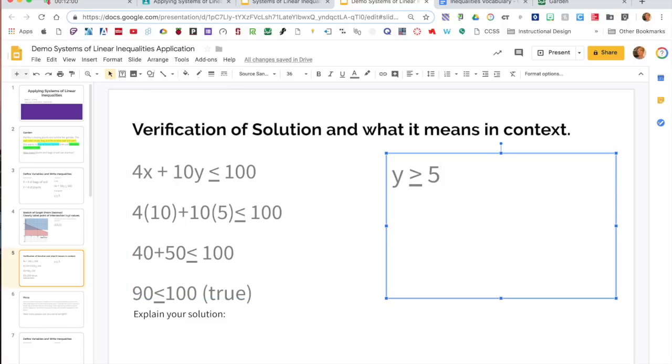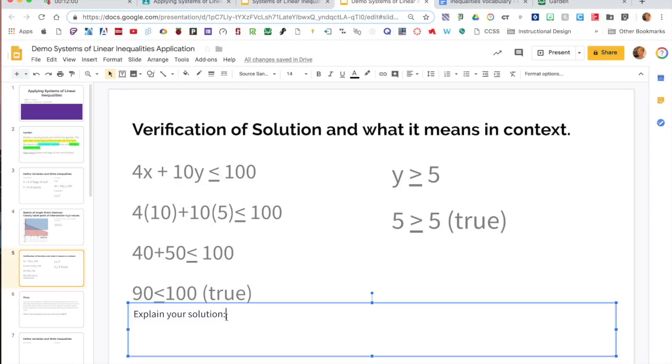This time I don't have any x, so I only need to replace y. And (10, 5) is my ordered pair, so 5 is my y. Is 5 greater than or equal to 5? That is true, because 5 is equal to 5, and 90 is less than 100, so that works.